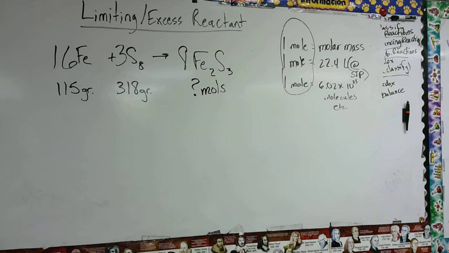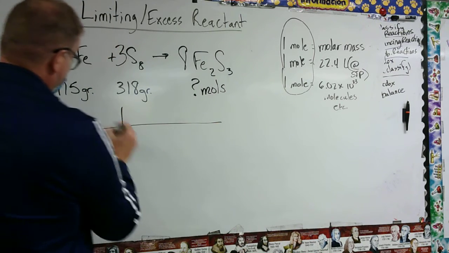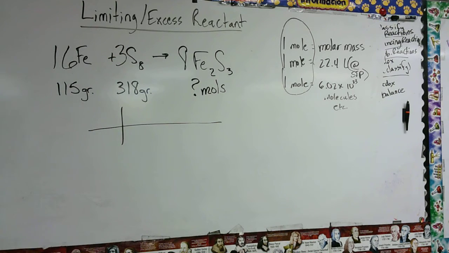So we'll shorten our process down a little bit. In sentence form, it'll say we have 115 grams of iron, which is combining with 318 grams of sulfur. How many moles of iron sulfide are produced?